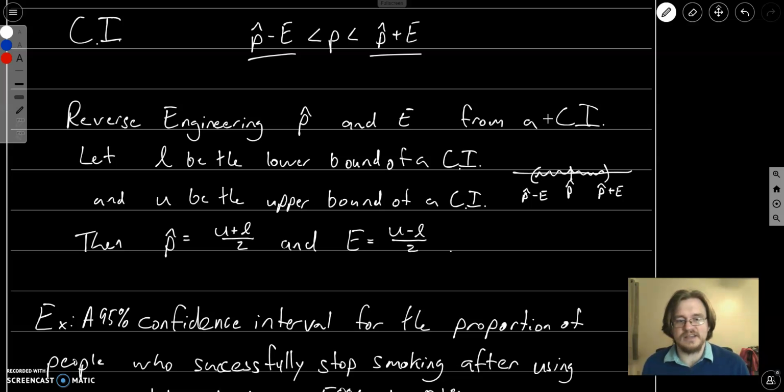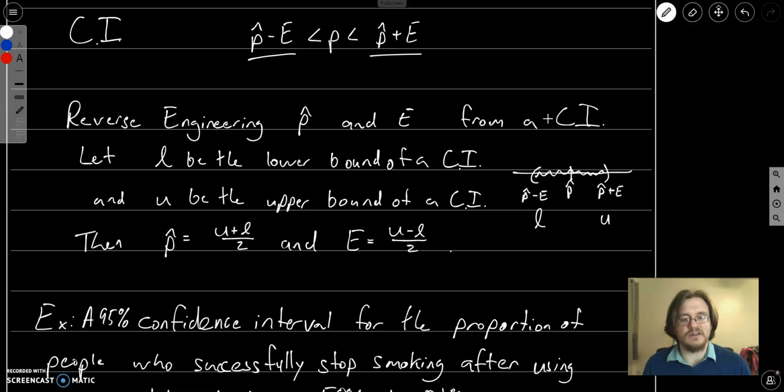If L is the lower bound of our confidence interval, and U the upper bound, how do we find the exact middle? Well, we just take the mean of the two values. We add U and L together and divide by 2, which gives us the midpoint, the exact center.